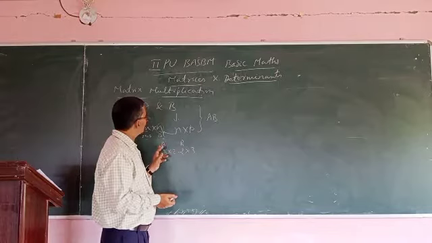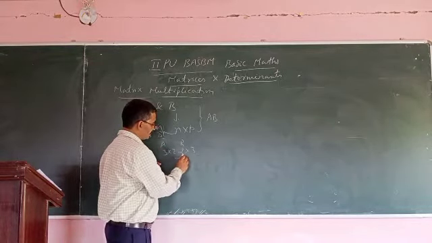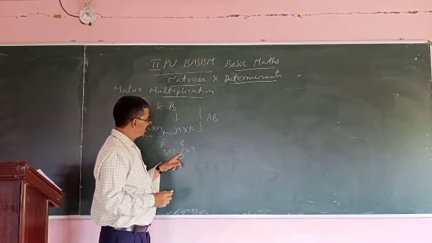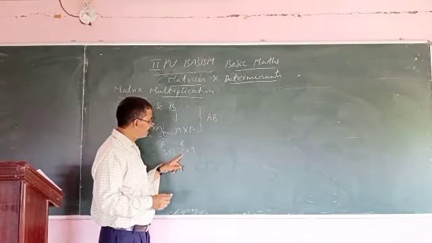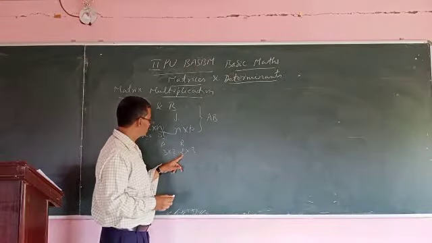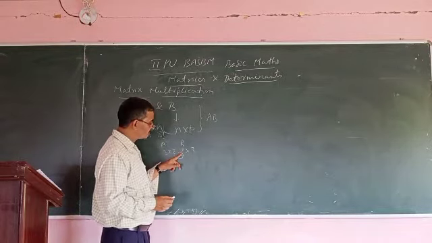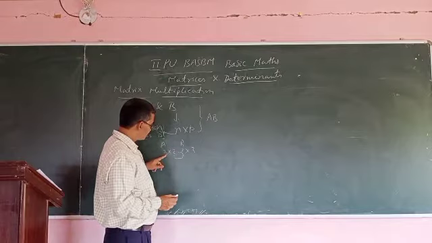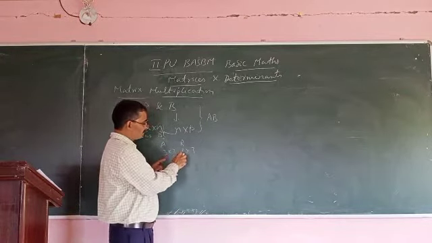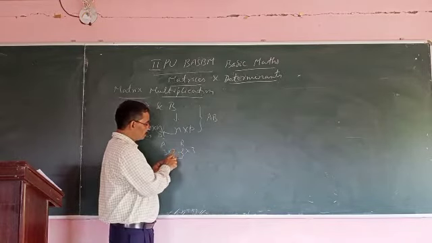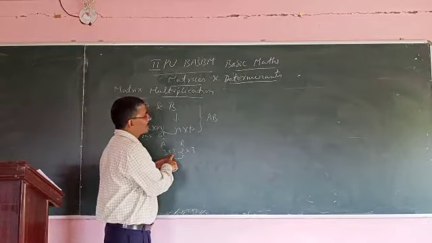Now, matrix multiplication AB is possible because this is tallying: the number of rows in the second matrix is equal to the number of columns of the first matrix. Here the first number stands for row number, the second stands for column number. Then you can multiply.